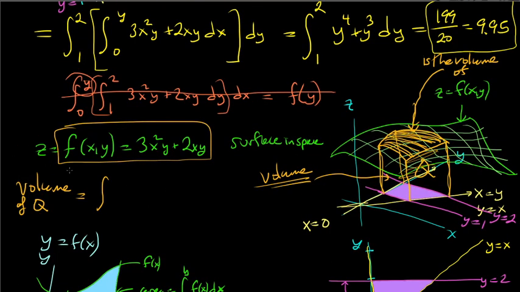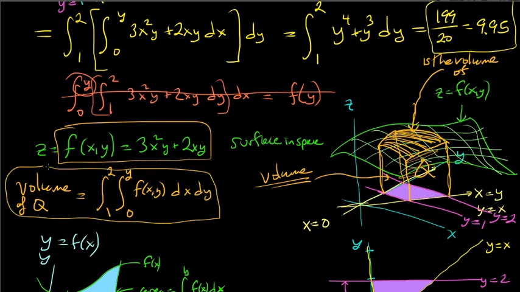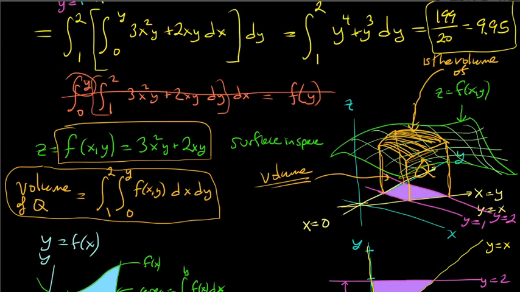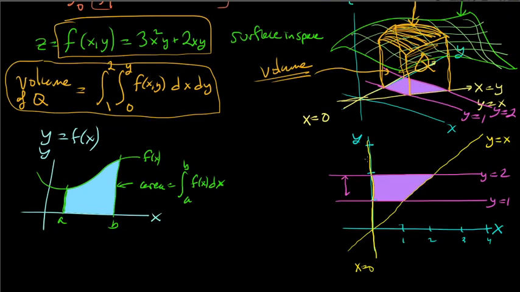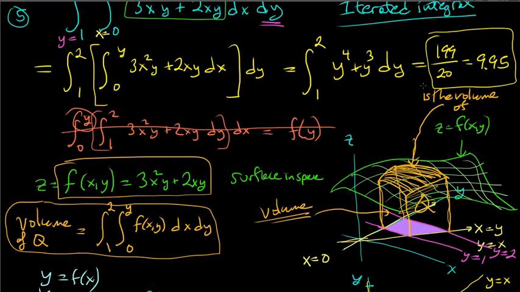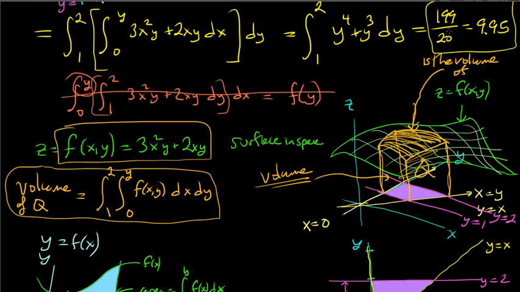Iterated integral from y equals 1 to y equals 2 of the integral from x equals 0 to x equals y of the function. I'm not going to copy down the function. It's just a function of x and y, and this is dx dy. So if you measure that volume, you get 199 over 20, or 9.95. That's just the three-dimensional analog of the two-dimensional area that you did in Calc 1. So now you know what that number means.